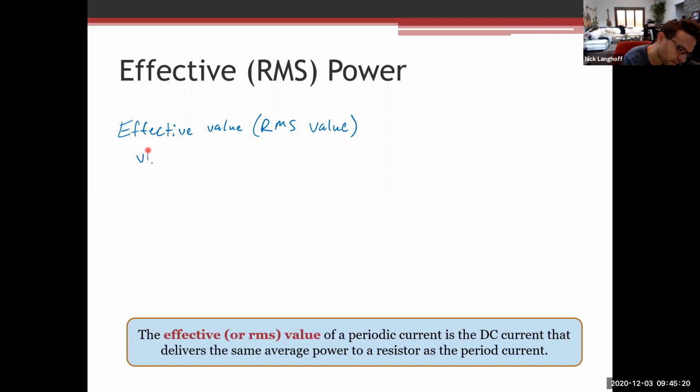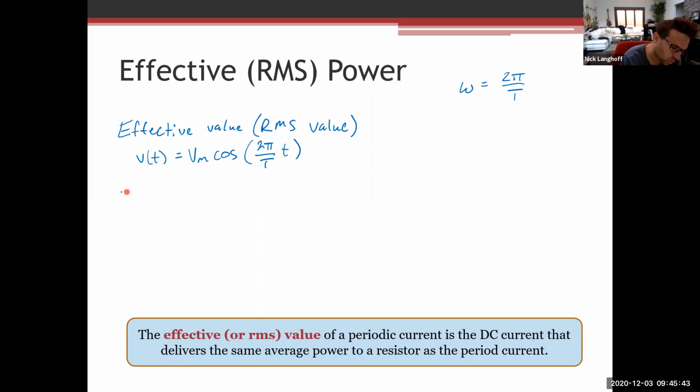So let's say we have some sinusoid voltage, v of t is Vmax times the cosine of 2 pi over T times t. That's omega, right? 2 pi over the period T is the same thing as omega. You recall that omega is equal to 2 pi over the period.